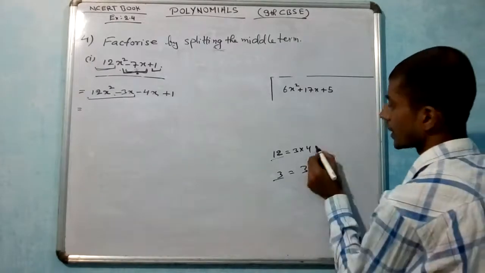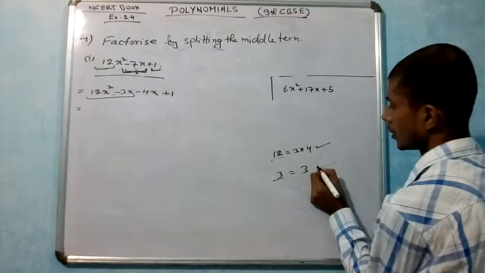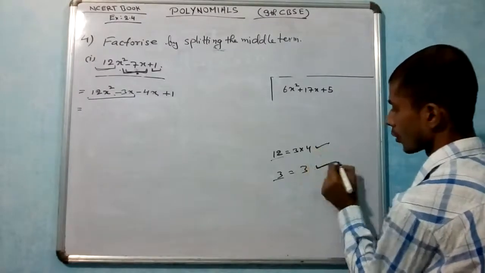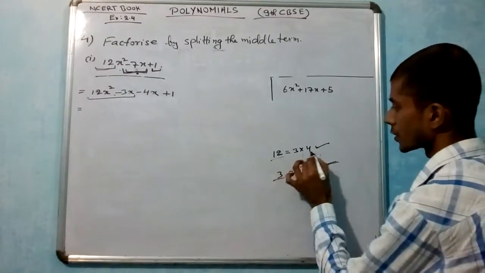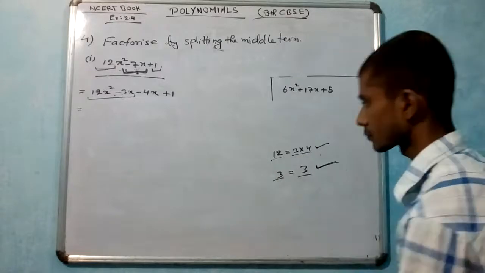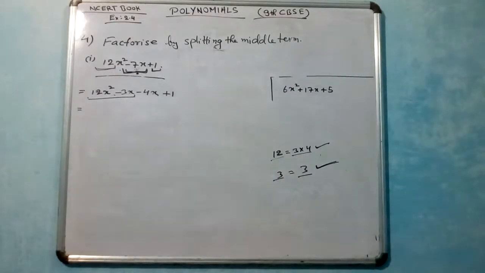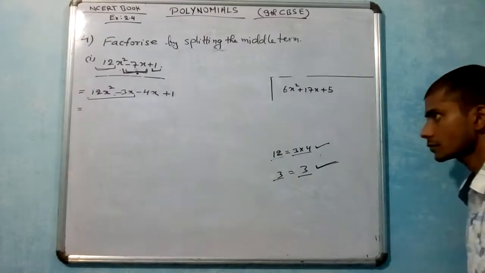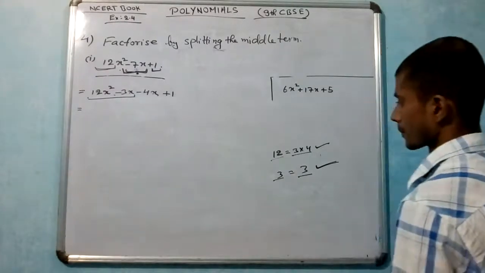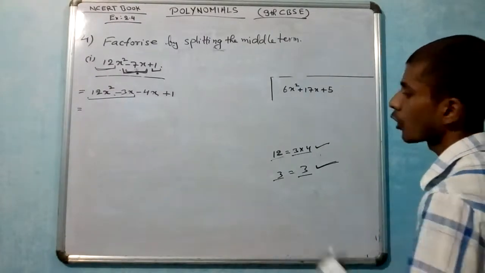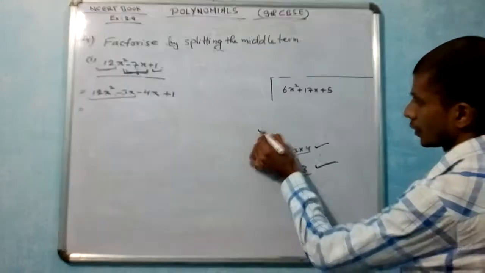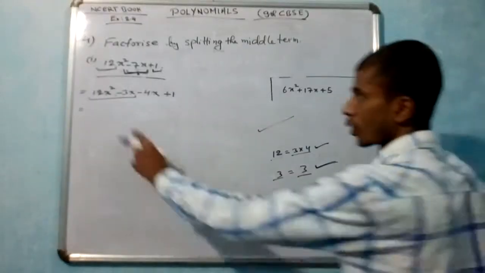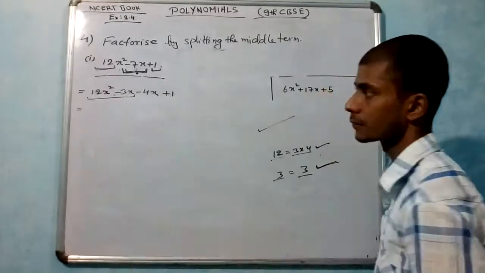Common means present here also, present here also. So what is common in this and this? So please focus and answer my question, okay? Help yourself, I am helping you. You also help yourself. Then work done. Okay, so what is common in 12 and 3?